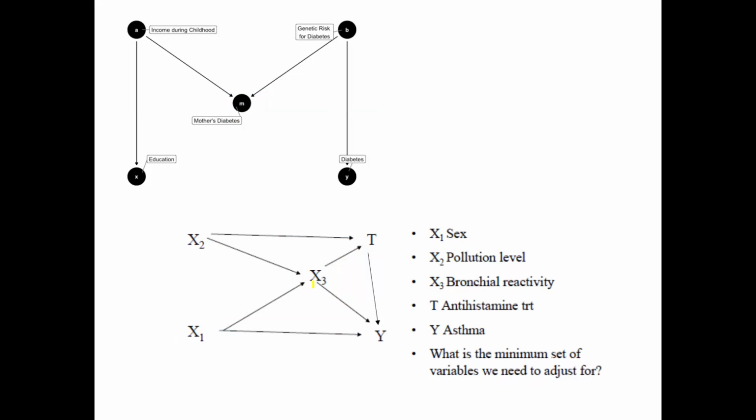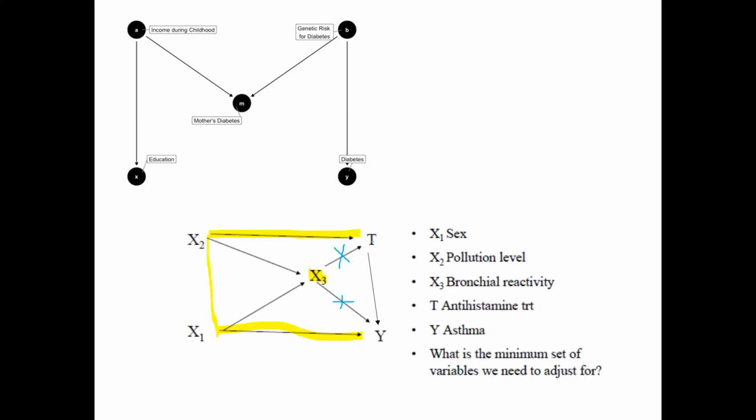Okay, so we said that we cannot adjust just for X3 because if we do, I have this path, which is T, X2, X1, Y, that is still open. I didn't block it because I just blocked this one by adjusting on X3.